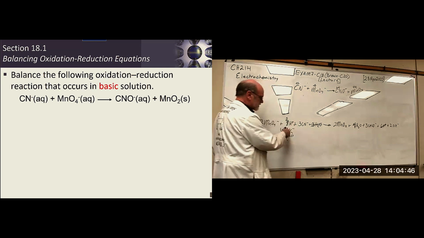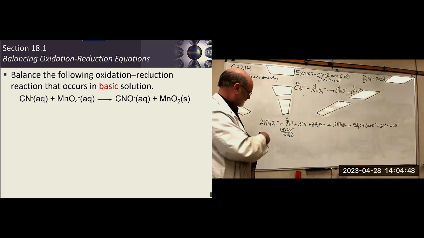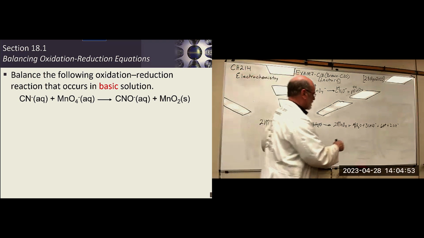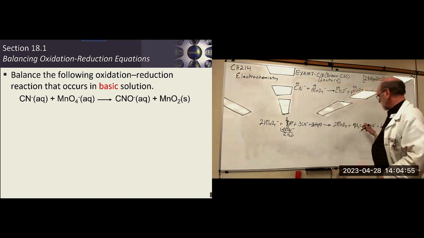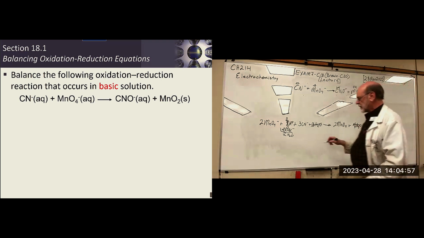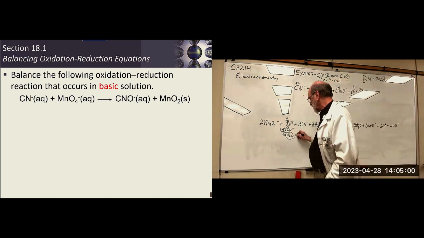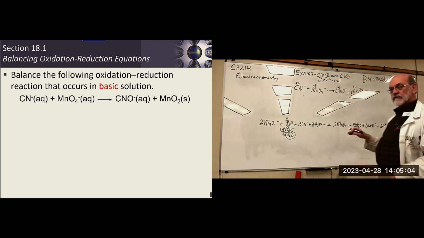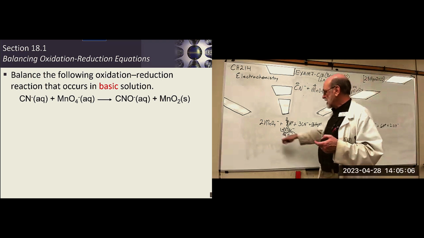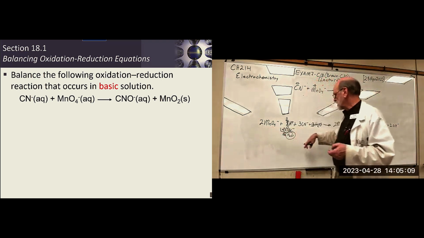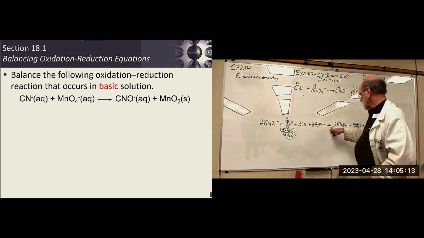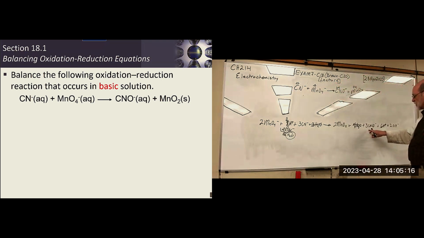Hydrogen ions and hydroxyls always make water. So now we got those 2 waters here, and we got a water over here. So now this water goes out, and that leaves us with only 1 water here. So the balanced equation for basic solution is 2MnO4 minus plus a water plus 3 CN minuses yields 2MnO2 plus 3 CNO minus plus 2 hydroxyls.